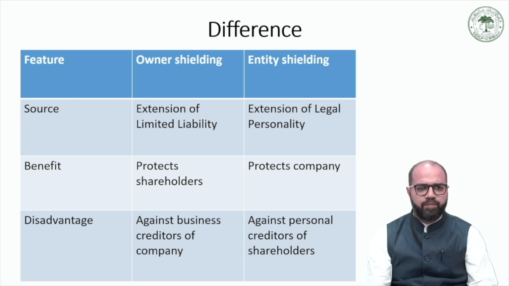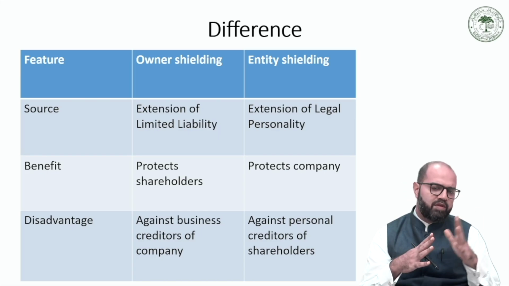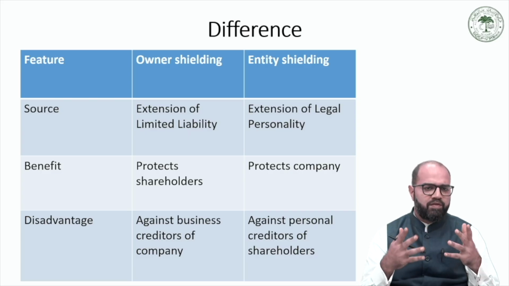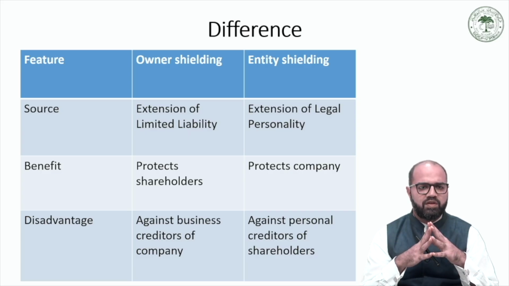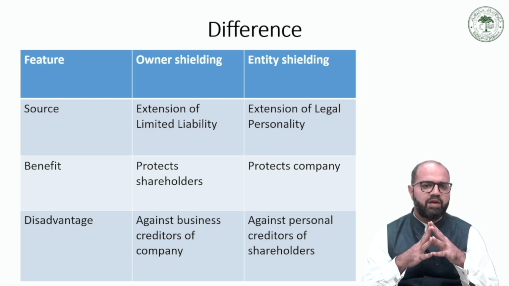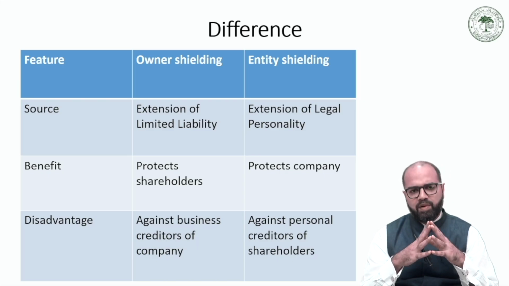Owner shielding is related to the limited liability principle, and entity shielding is an extension of the separate legal personality of a company. Both of these principles we have discussed in the previous lectures. Now, who benefits from these theories? The shareholder benefits from owner shielding and the company from entity shielding.